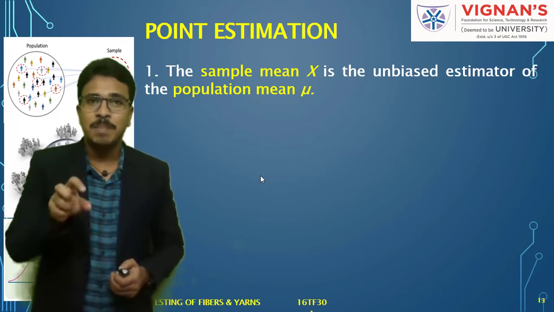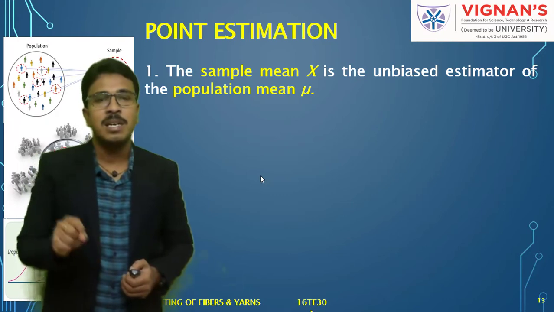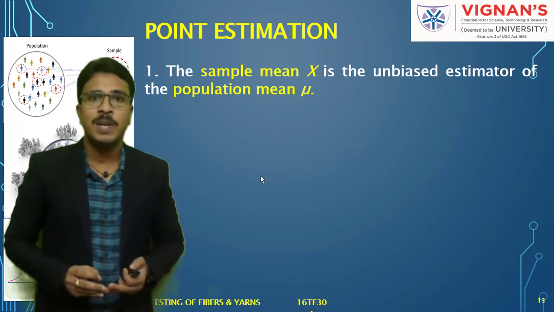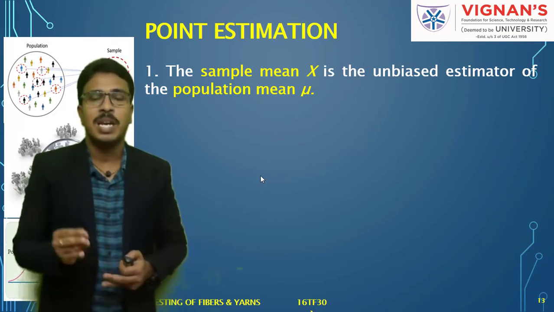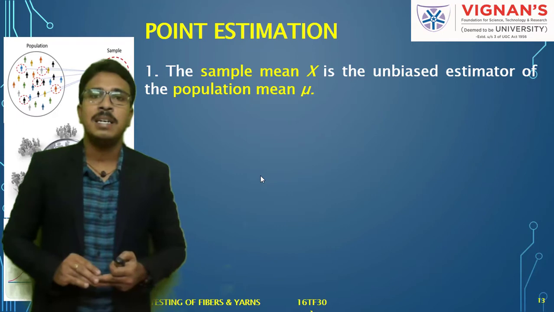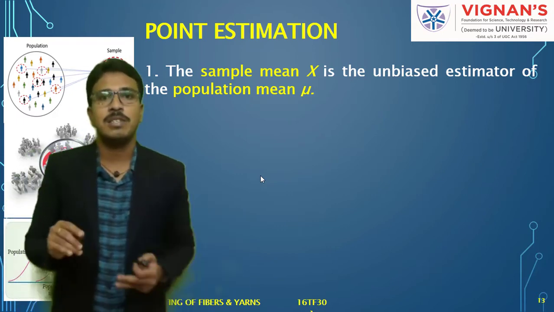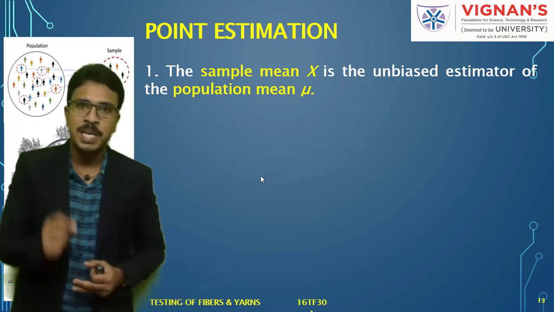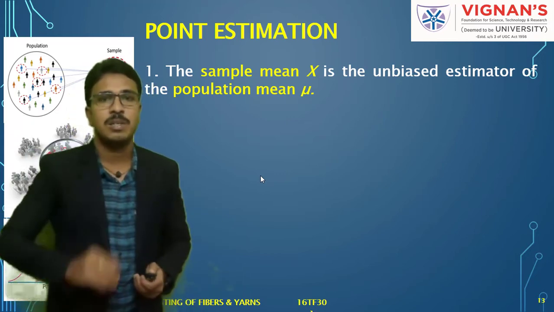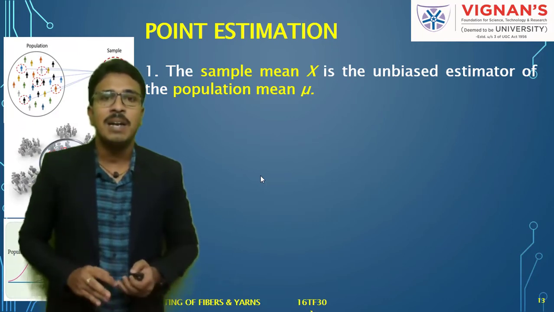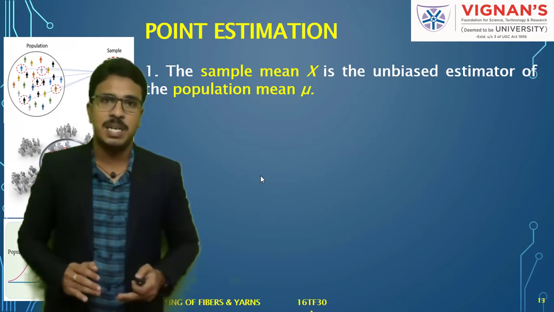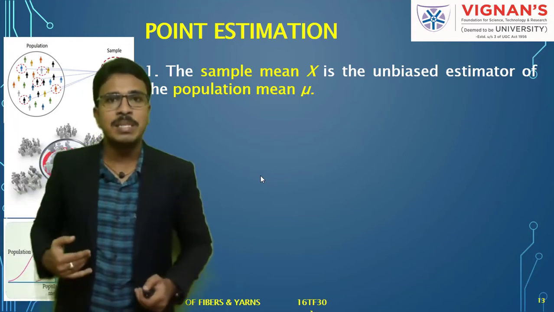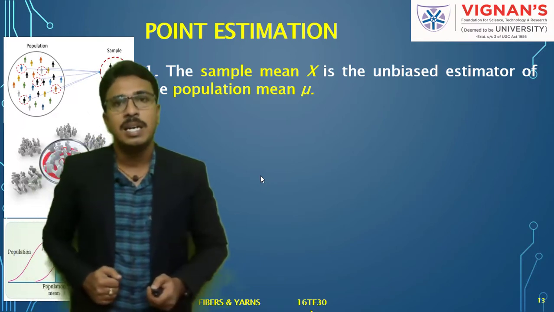But the representations of these parameters are different for population and sample. For example, the sample mean we represent with x bar, and the variance with s square. In the same way, for the population, the mean we represent with mu, which you can see in the slide, and the variance with sigma square. You need to understand this, because in our upcoming slides you are going to see these terminologies.